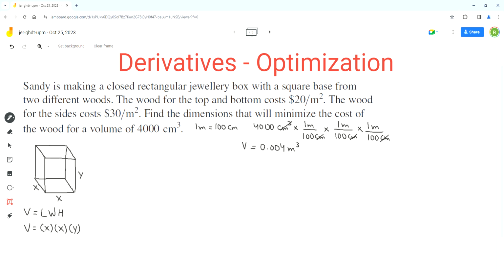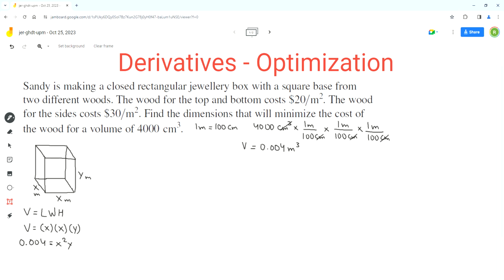We figured out that the volume in meter cubes is 0.004, so we can sub that in as the value of V. So we get 0.004 equals x squared y. Here we are assuming that x and y are in meters. This is the equation for the volume of this box.